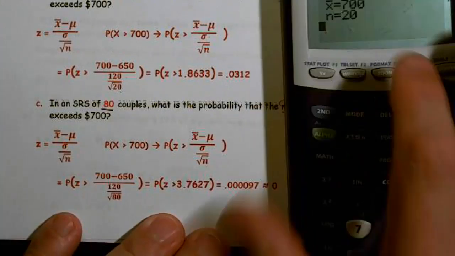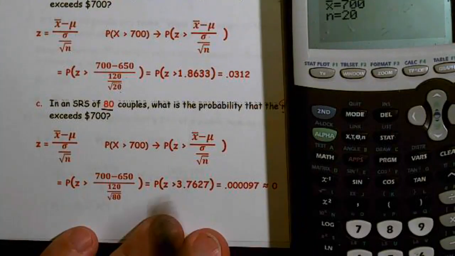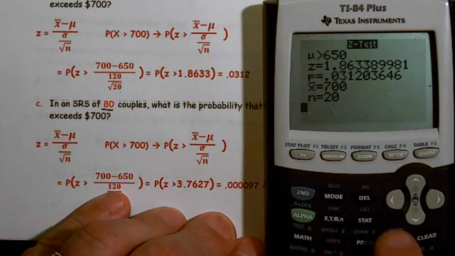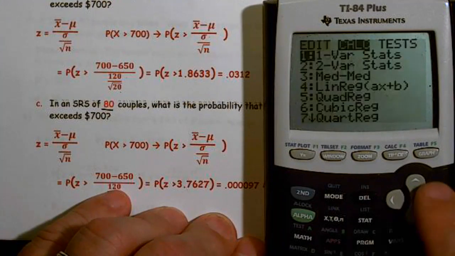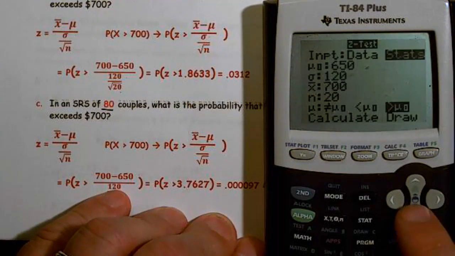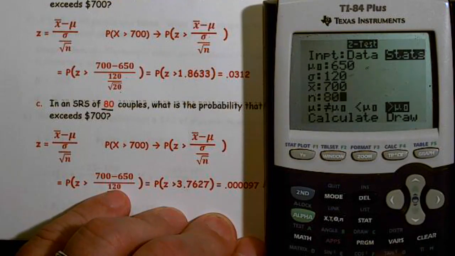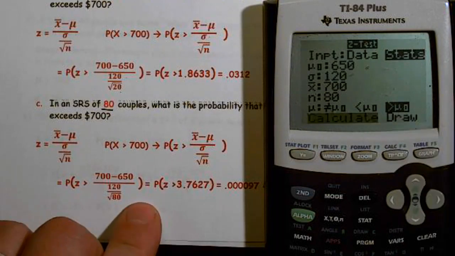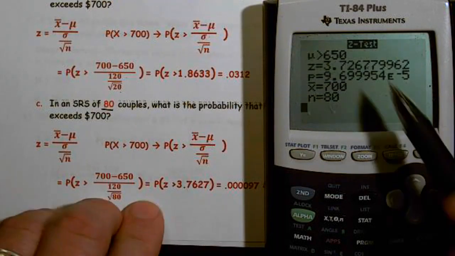Once again, I would set it up. I have to show my z-score, and again, the easiest way to go about this would be stat, test, z-test. 650, 120, and I'm changing my sample size to 80. Still a greater than symbol. And it calculated everything for me.